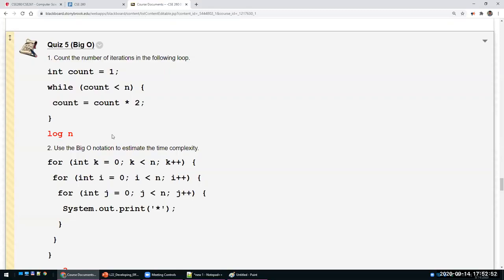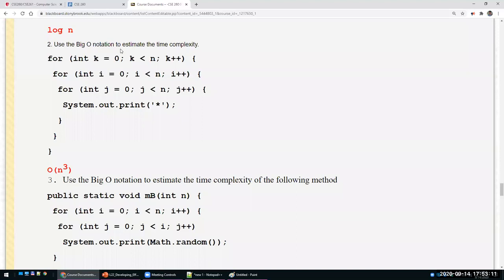So the worst time complexity is log base 2 of n, and that's a good example of logarithmic algorithms: you started with a simple loop, but the number of iterations is logarithmic.